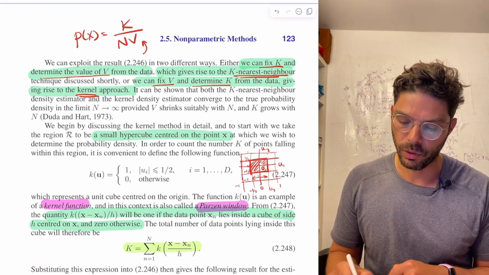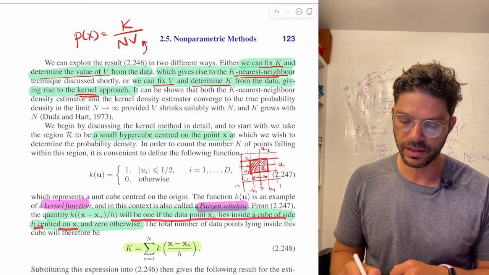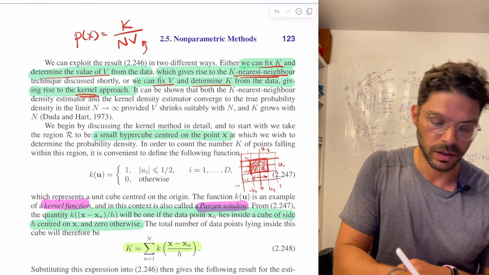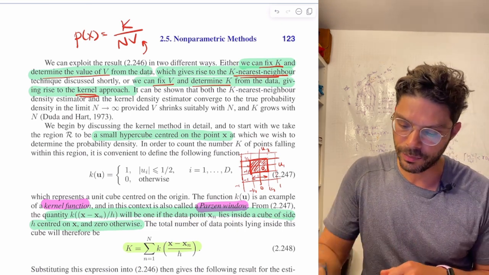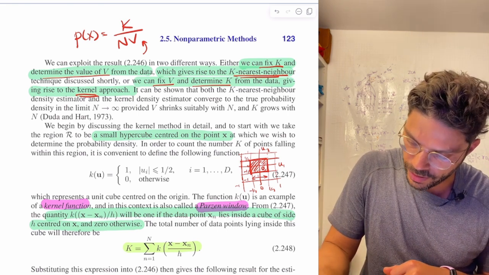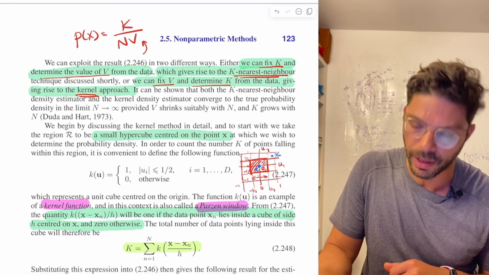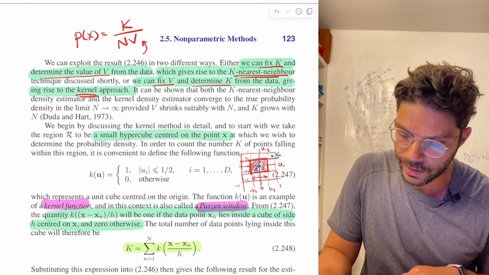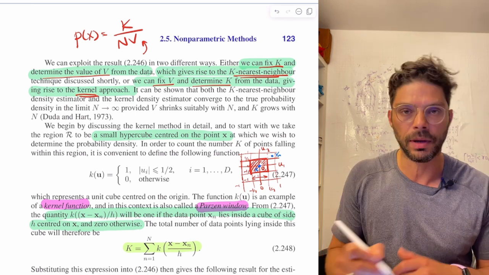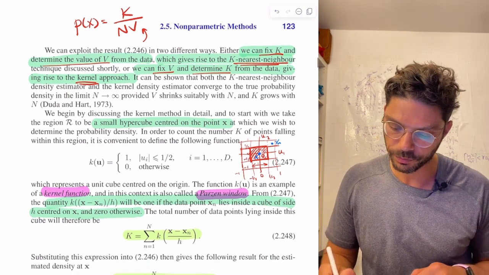So the quantity will be 1 if the data point Xn lies inside a cube of side H centered on X, and 0 otherwise. X is sitting there, and Xn might be outside the cube, or inside, where it will be 1 when everything's been scaled by H.